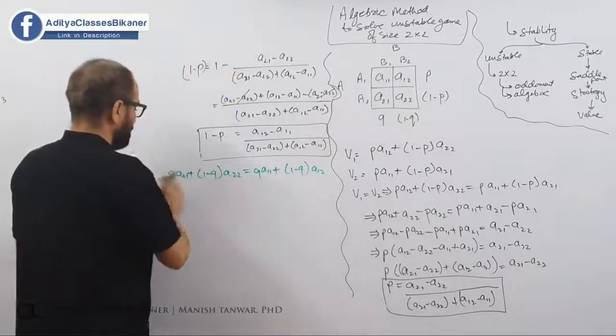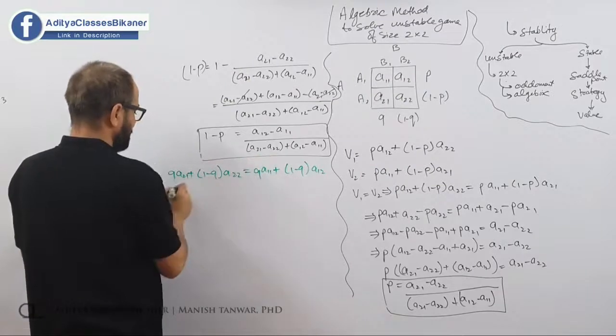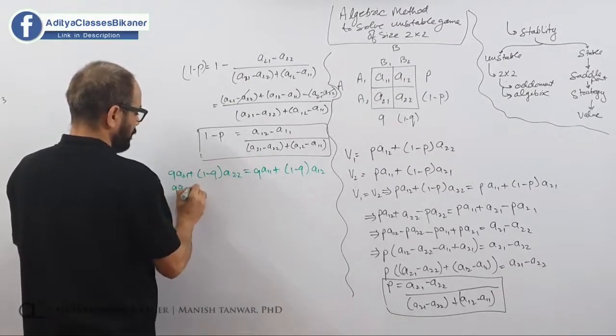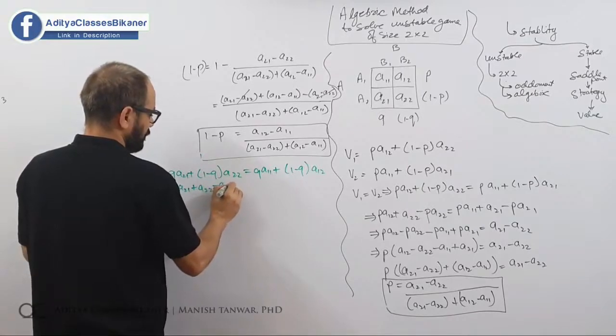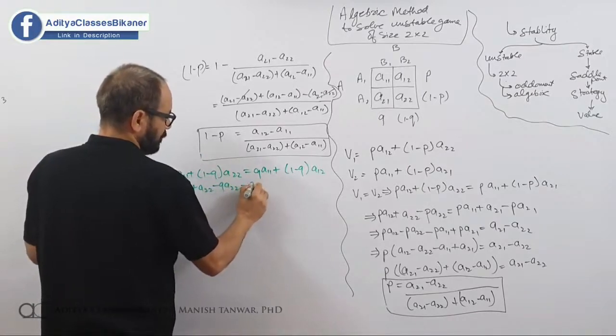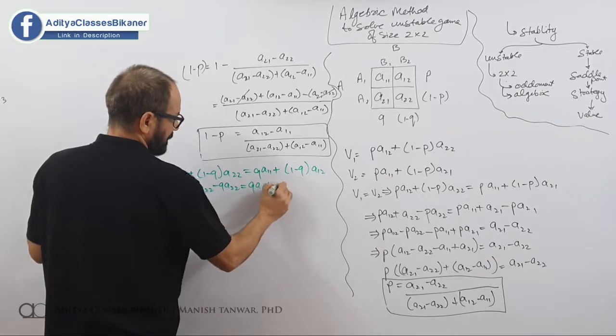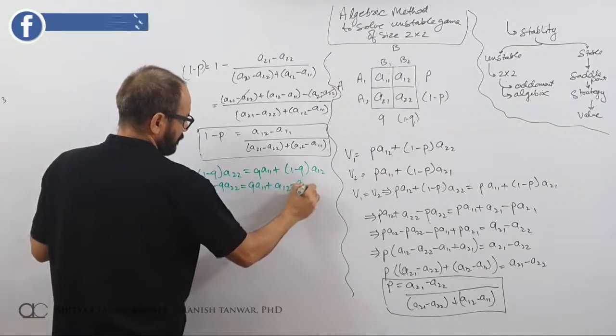Both have to be the same. Now if I expand this, it will become Q A21 plus A22 minus Q A22 is equal to Q A11 plus A12 minus Q A12.